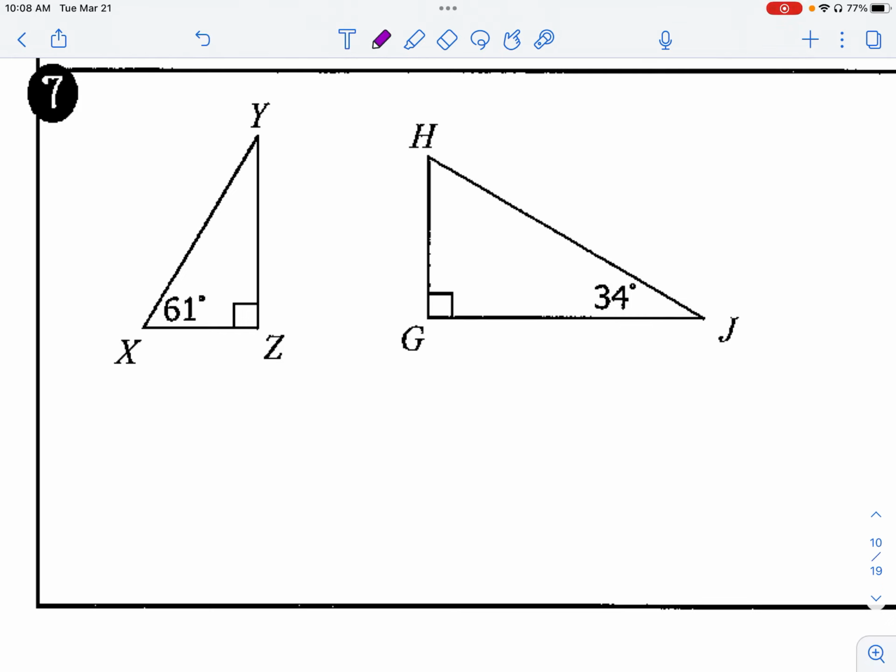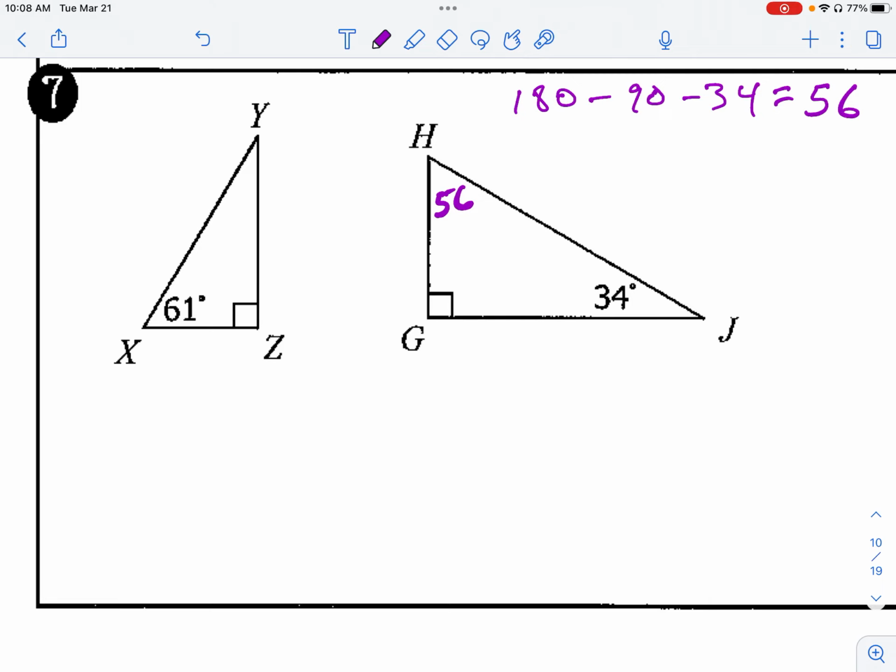All right, we got angles. So just like we did before, we have to find another angle, and it doesn't matter which triangle we do. So let's pick GHJ: 180 minus 90 minus 34 is going to give us 56.